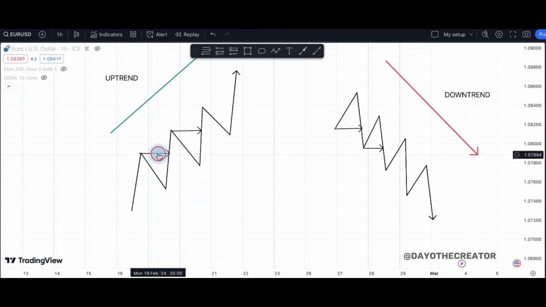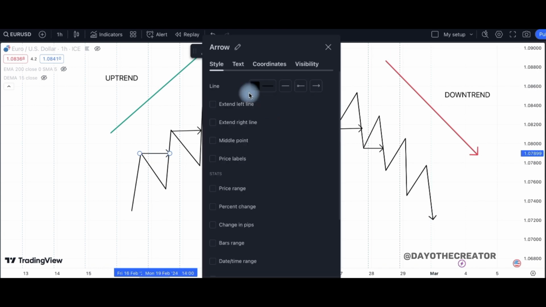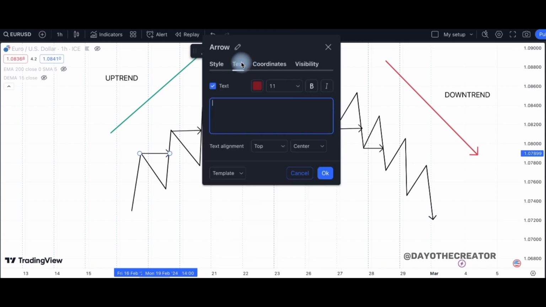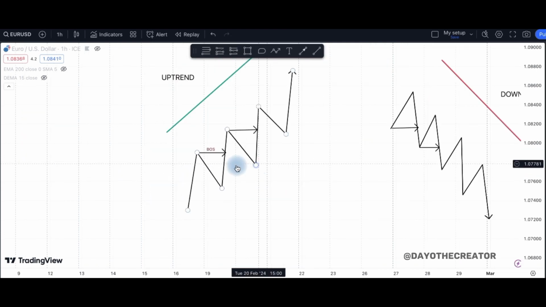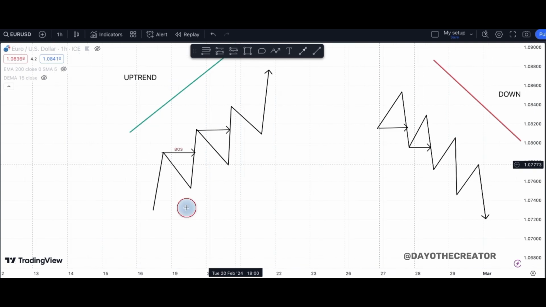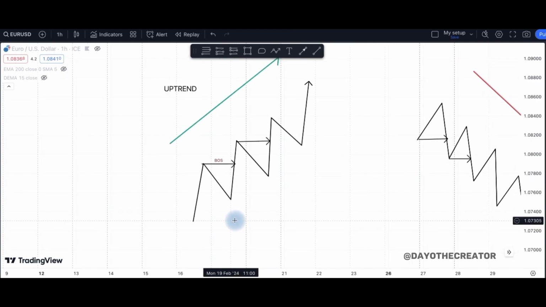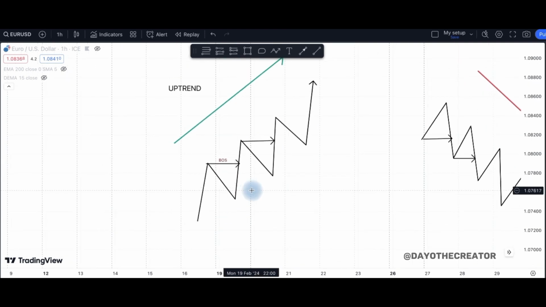When the market gives us a swing high and goes down and gives us a swing low, it's expected that the market gives us another swing high, which is our new high. And whenever the market gives us a new swing high, that means it has broken structure, according to the rules of the market.